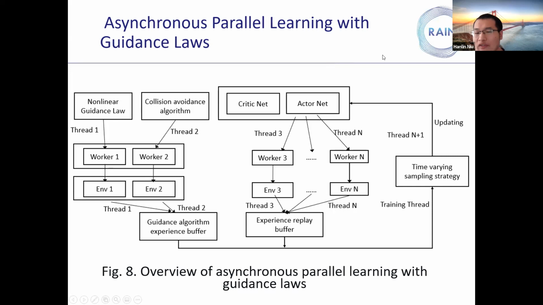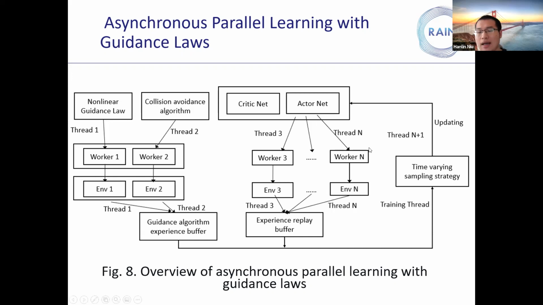So instead of using one robot to learn, I used multiple CPUs to utilize multiple threads to trigger multiple robots to learn simultaneously. In the left two threads, I used the nonlinear guidance law and the collision avoidance algorithm, these two traditional algorithms, to manipulate the robots to go into the environment to collect their experience data.